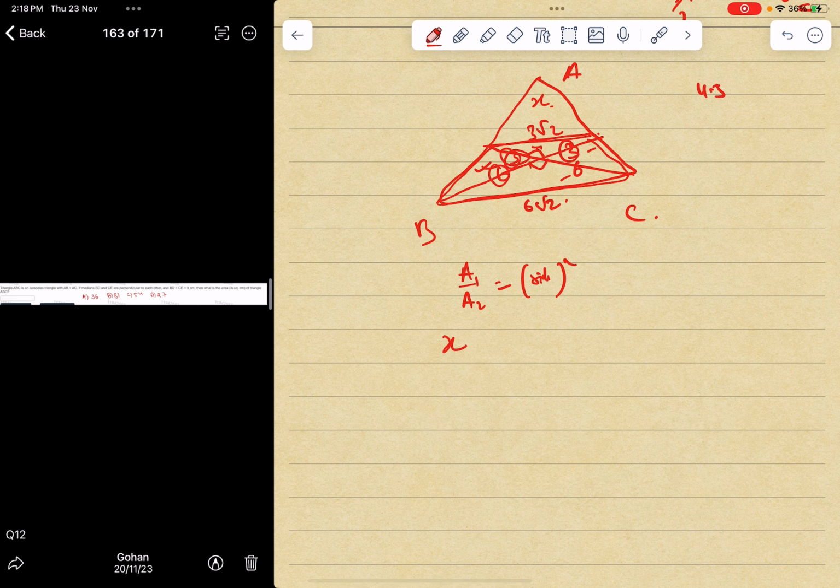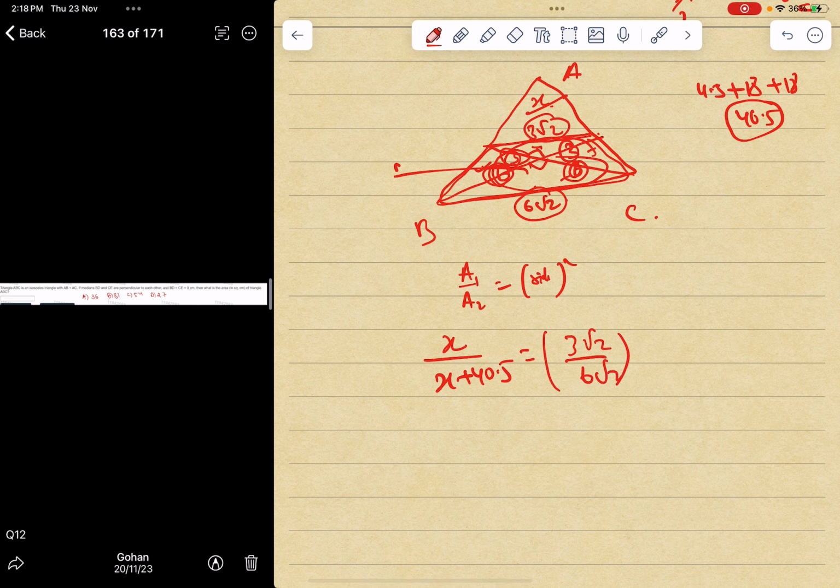So x upon the complete area, which is x plus 40.5, equals the square of the side ratio. The sides are 3 root 2 and 6 root 2, so 3 root 2 by 6 root 2, squared, gives one-fourth. So 4x equals x plus 40.5. Our question is the total area, which is x plus 40.5.